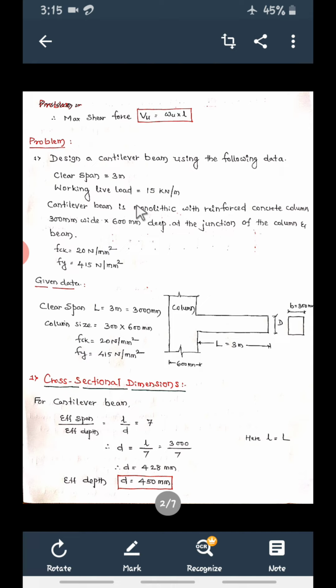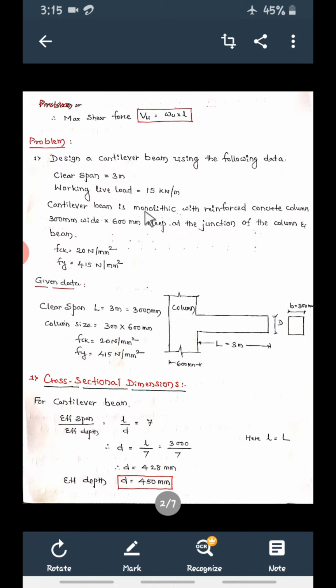See, this is the given clear span. There is a column here, the vertical compression member, and for this beam the column is a support. Here it is fixed, and this end of the beam will be free.